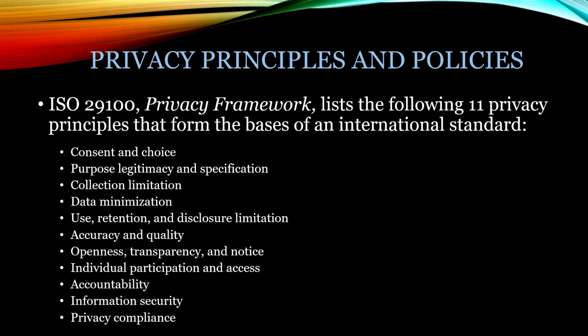Individual participation and access gives the PII principals the ability to access their own PII, challenge its accuracy, and provide amendments or removal requests. Accountability adopts concrete and practical measures for PII protection.